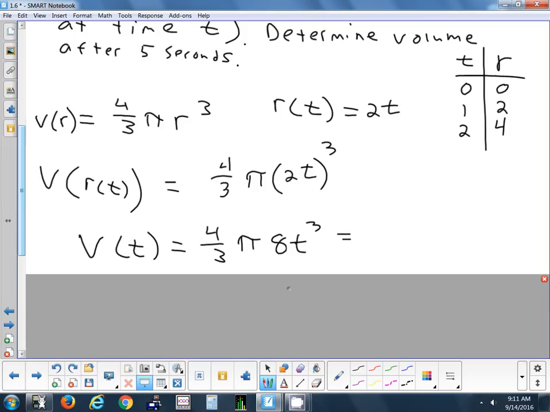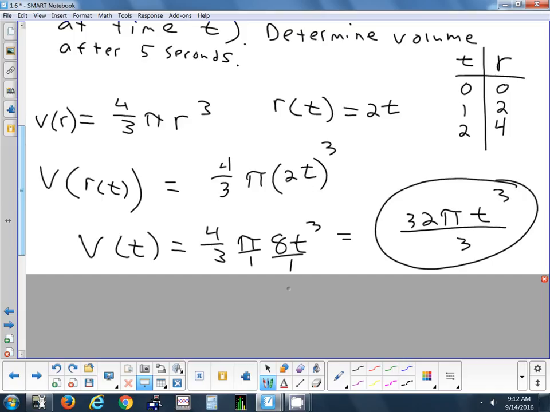So really the simplest way you could write this would be, think of all these as fractions. 4 times pi times 8 is 32 pi t cubed over 3. Plug in your time, and this formula will generate the volume of the balloon at that time. So if you want to know it for 5 seconds, just fill 5 in for t.